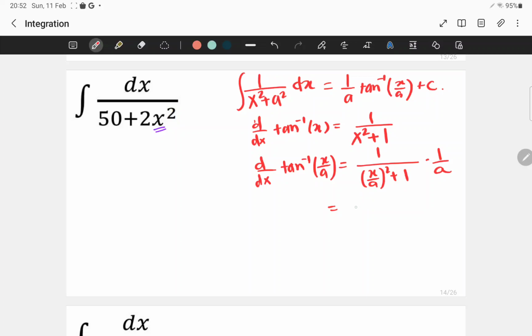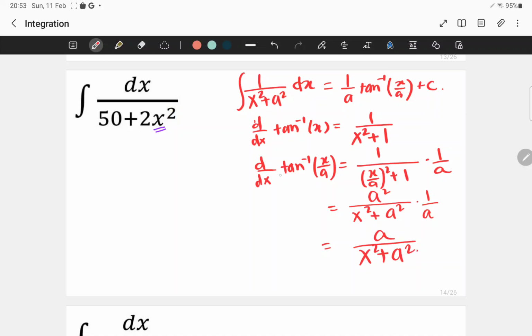So if we simplify, we are getting x square plus a square, a square is coming down. Yeah, so it is giving me a over x square plus a square.